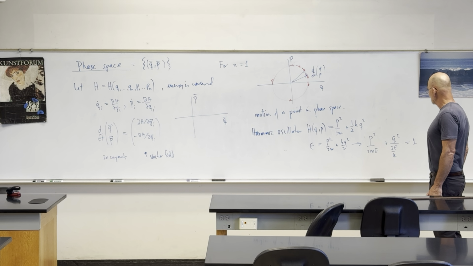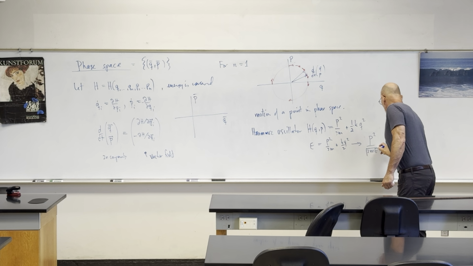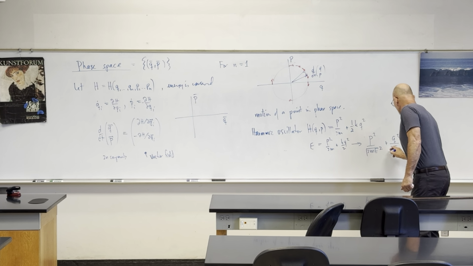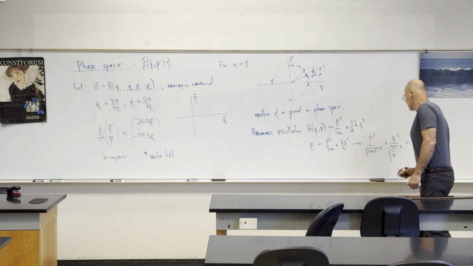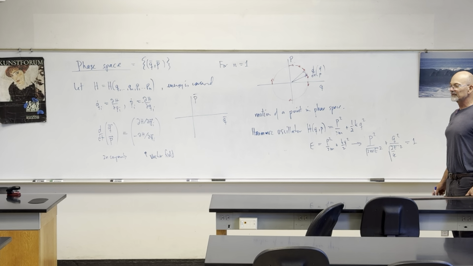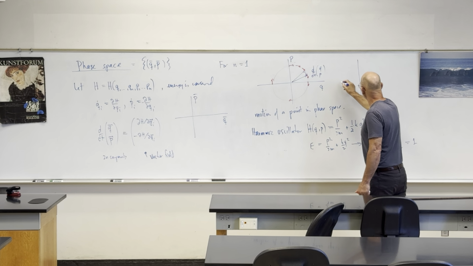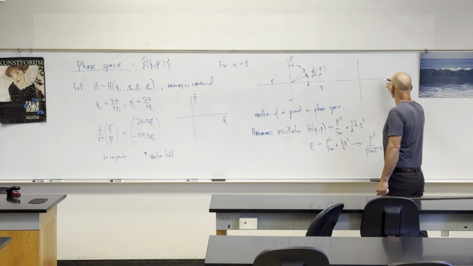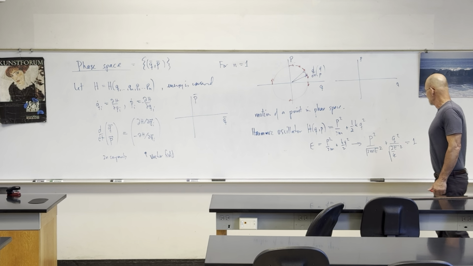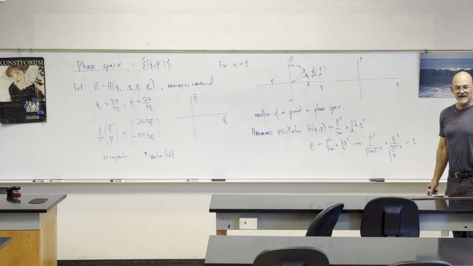And what I can do is take the square root of this squared and the square root of this squared. And what have I constructed here? What do we have? You guys recognize that?